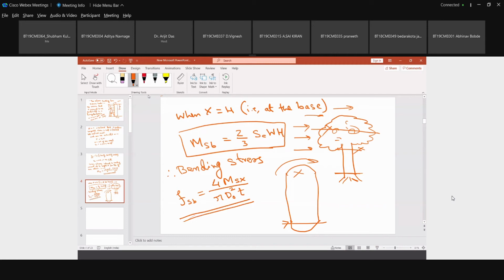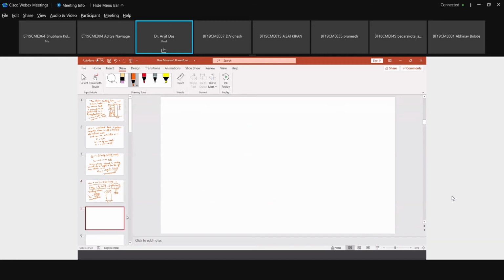And what is the maximum value of the bending stress?